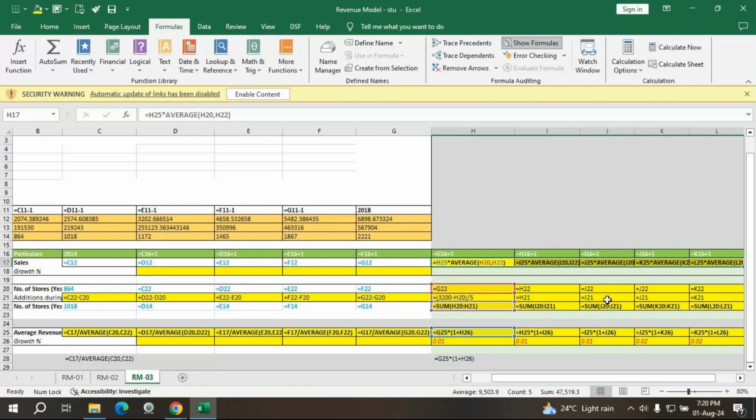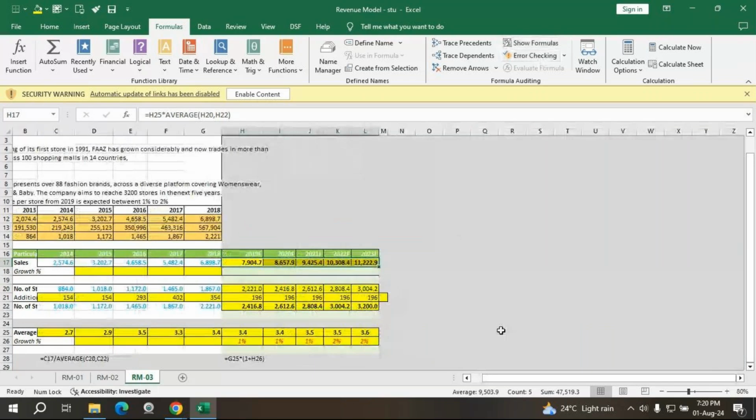Ma'am, can you please show the values? I think still others are doing. Just take the screenshot so that I'll show the formula for the ones who are still solving it.